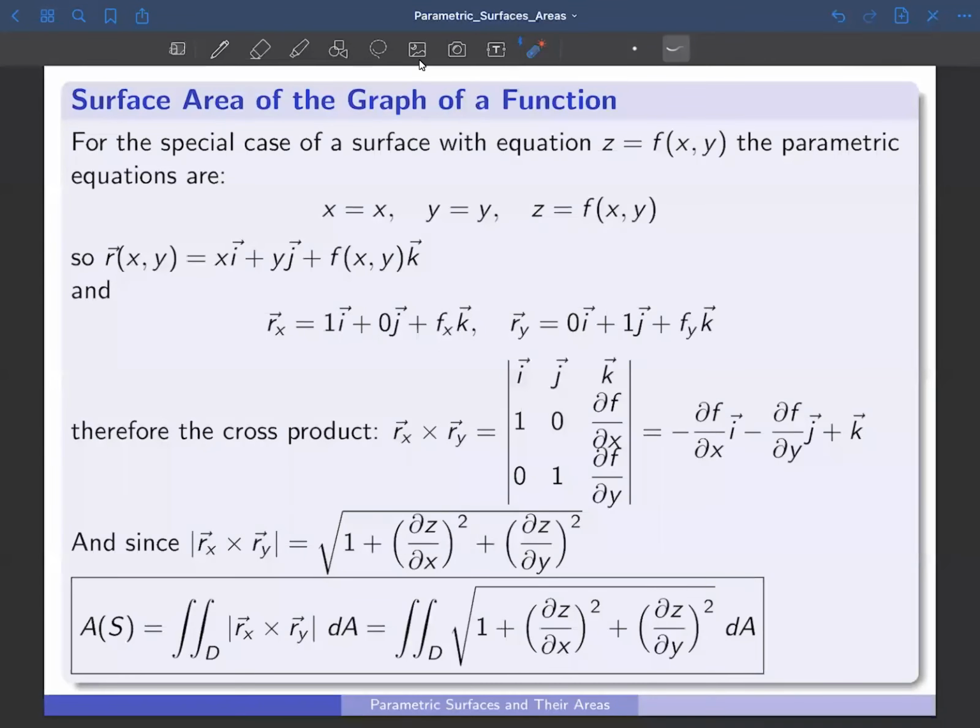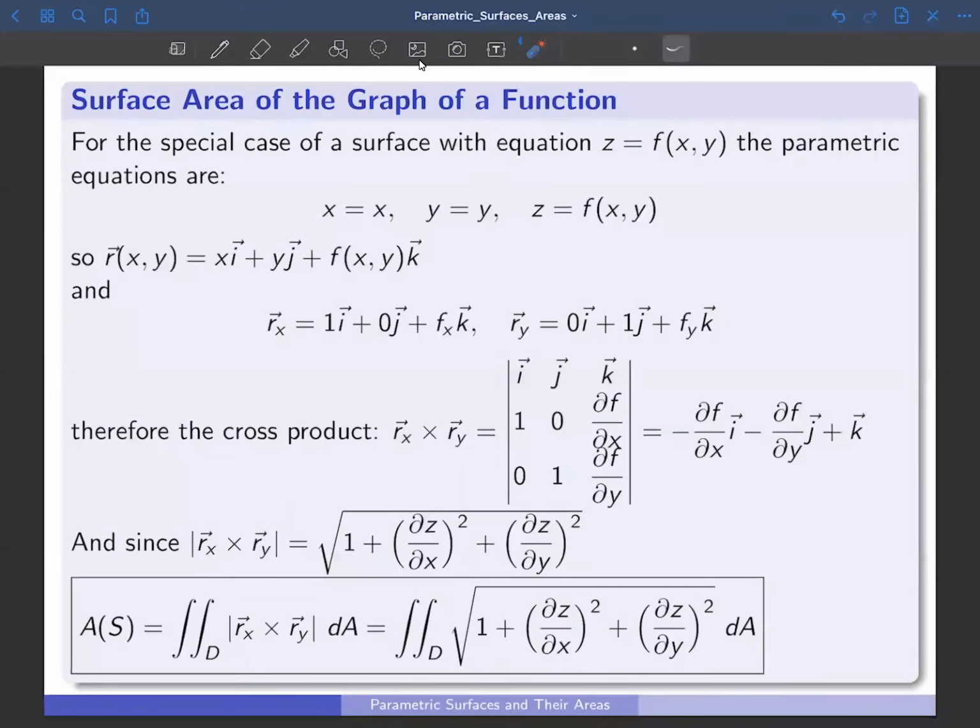And since the magnitude of the cross product between the vectors rx and ry is equal to the square root of 1 squared plus partial f partial x squared plus partial f partial y squared, or since f equals z, partial z partial x squared plus partial z partial y squared, then the area of the surface is equal to the double integral over the region D of the magnitude of the cross product between the vectors rx and ry times dA.